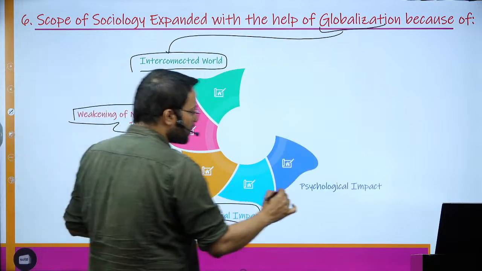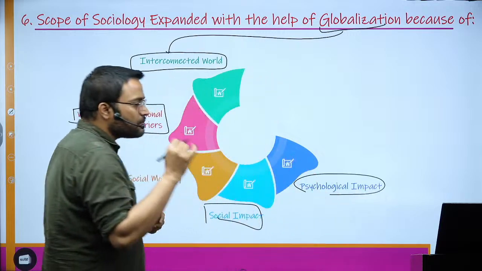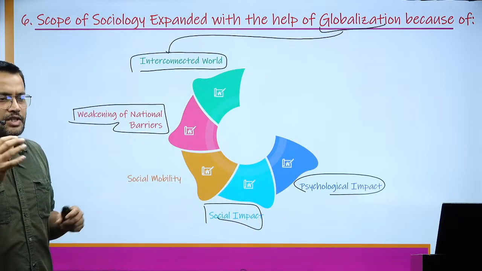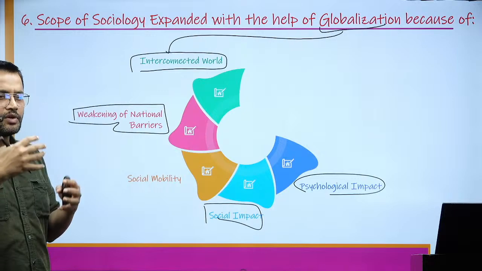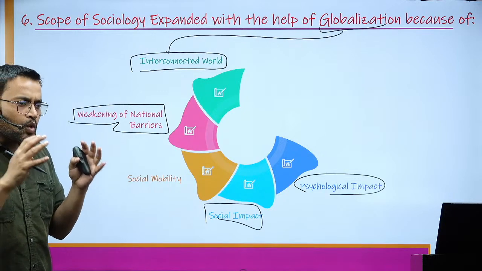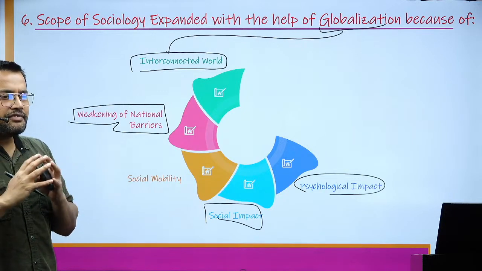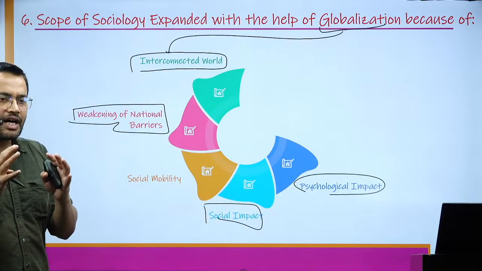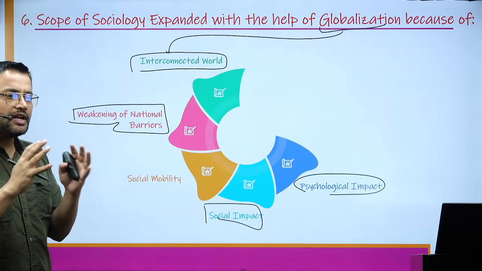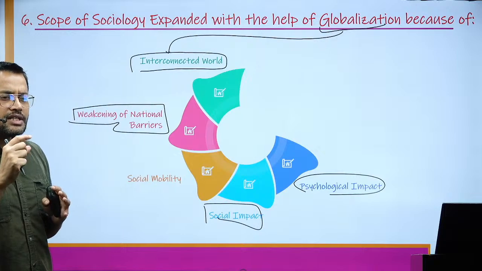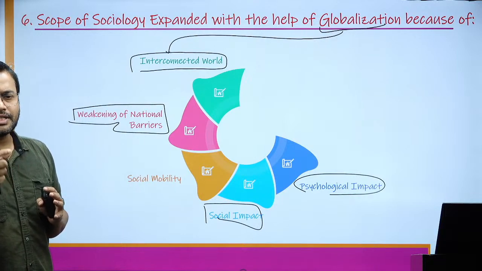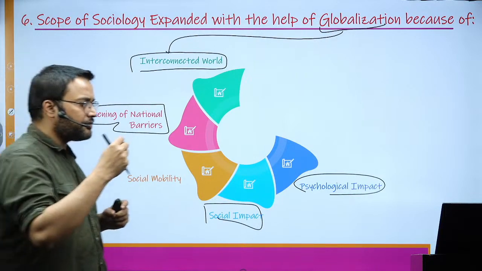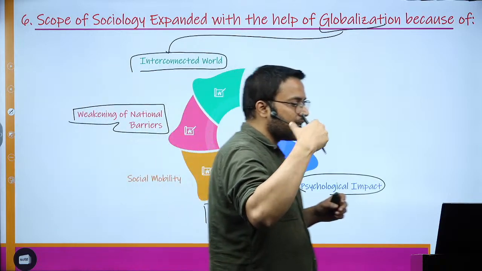Then we have a psychological impact. In today's modern world, because of globalization, there is a lot of competition, everybody is running for limited resources. So most people are feeling very alienated and alone, because now relationships are mechanistic. It is not the kind of relationship where you can go and seek help from someone.